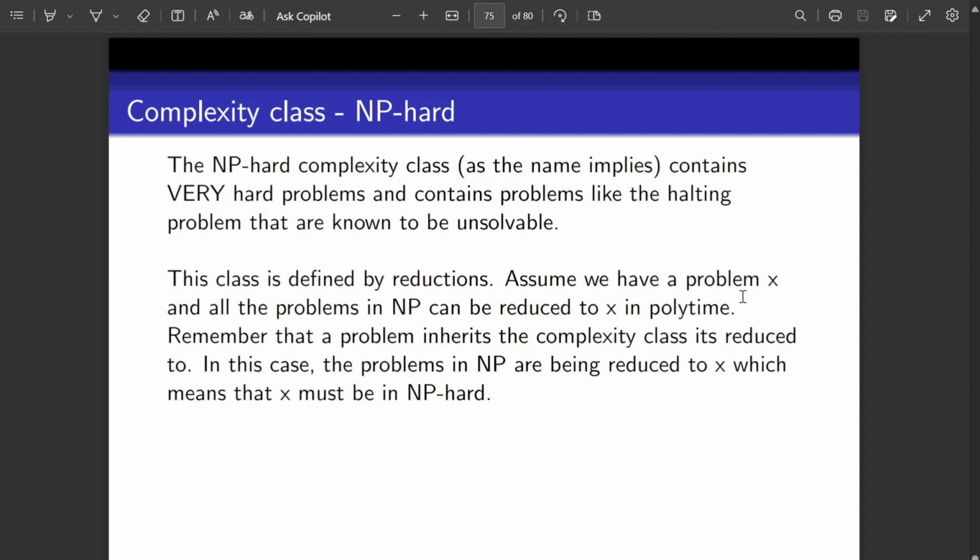So assume we have a problem X, and all of the problems in NP can be reduced to X in polytime. Remember that a problem inherits the complexity class it's reduced to.